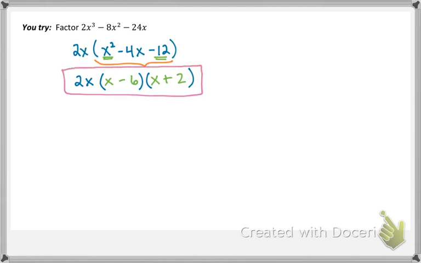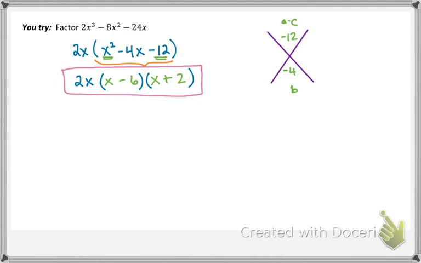And if you don't like guess and check, then we do the X factor, right? We want factors of a times c, which is negative 12, and the sum of b, which is negative 4. So multiply to give me negative 12, and add to give me negative 4.